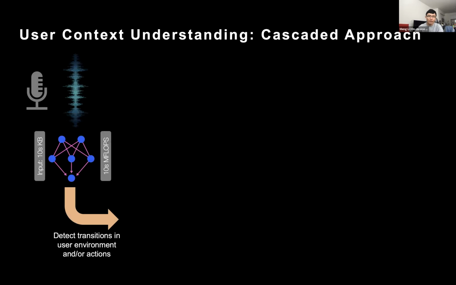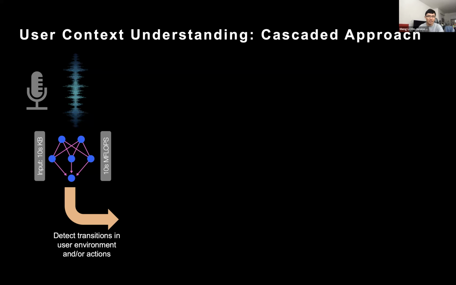So for the cascaded approach with audio, IMU, and video, the pipeline looks like below. First, we have an always-on audio pipeline. This pipeline is always listening to the user and detects important transitions that are predefined.